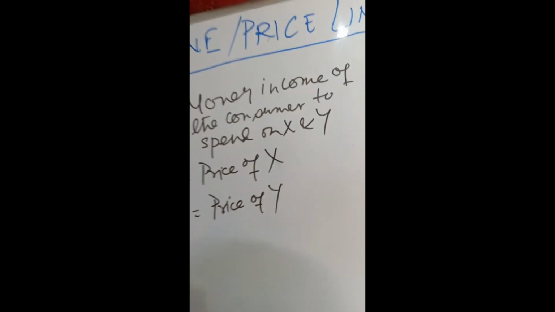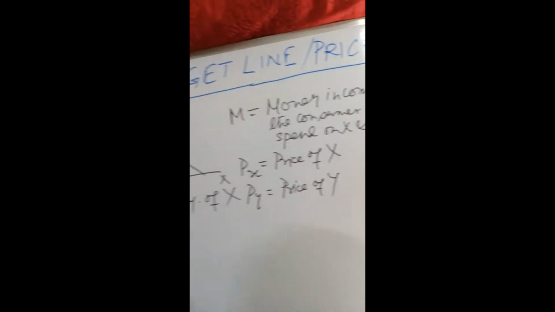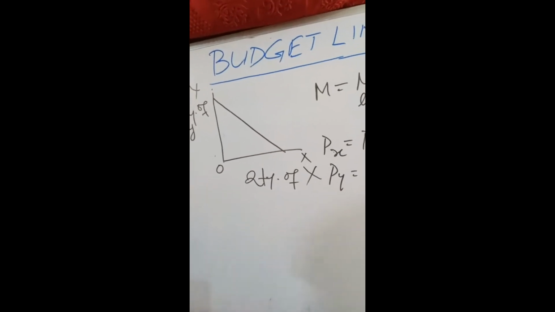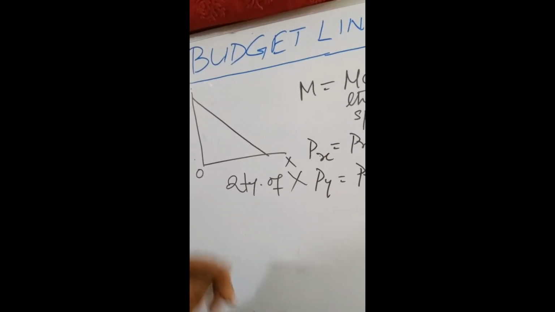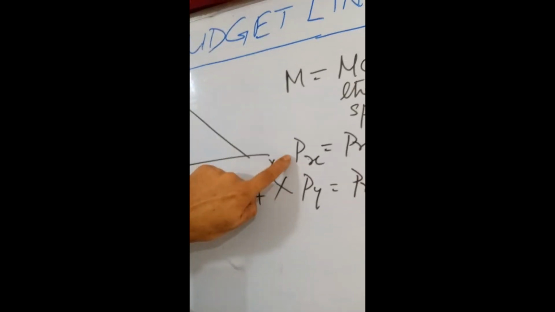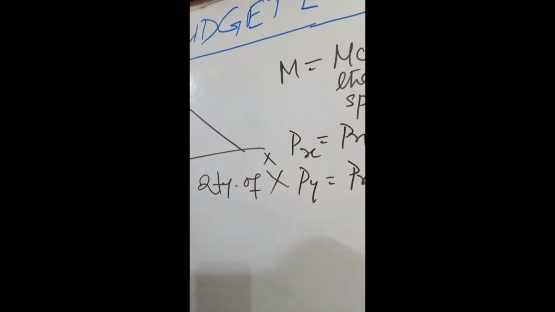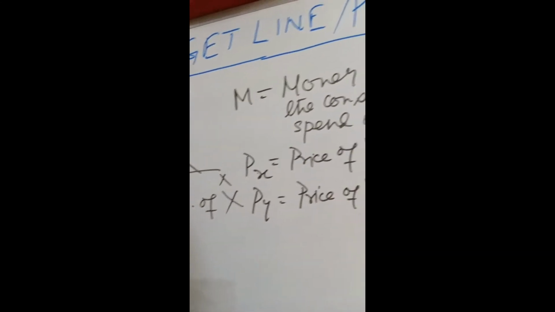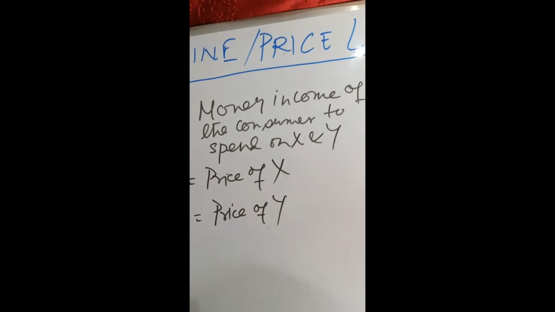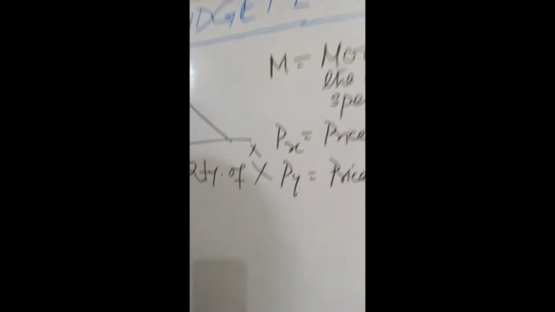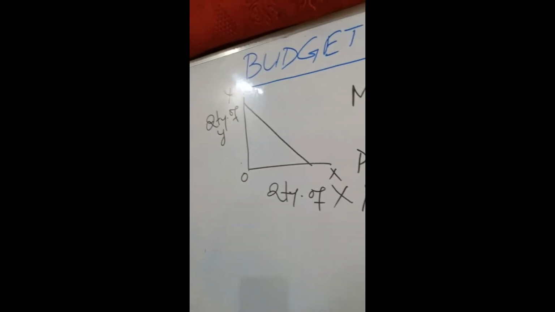Now, the consumer has M amount of money which he has to spend on two commodities X and Y, and M is the amount of money the consumer has, Px is the price of X, and Py is the price of Y. Now, if the consumer consumes only one commodity, say X, then he can purchase how many units?